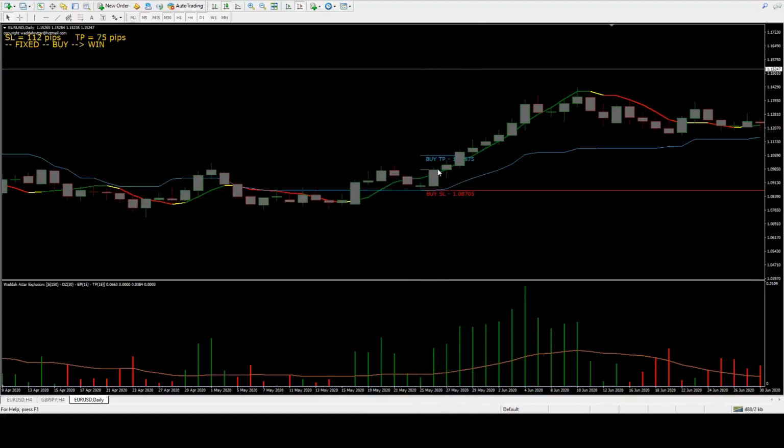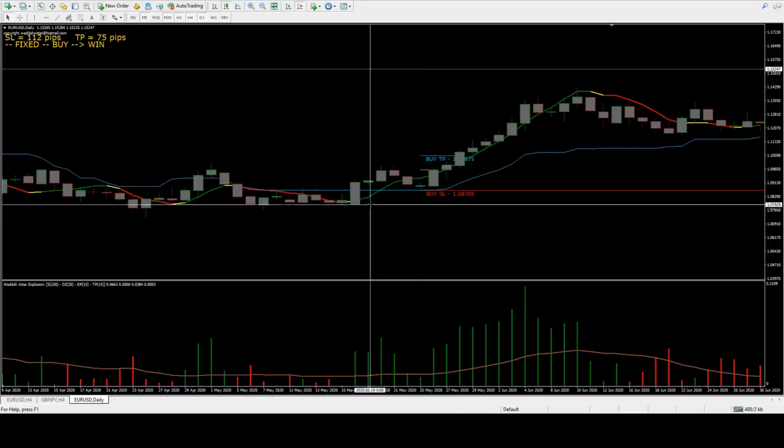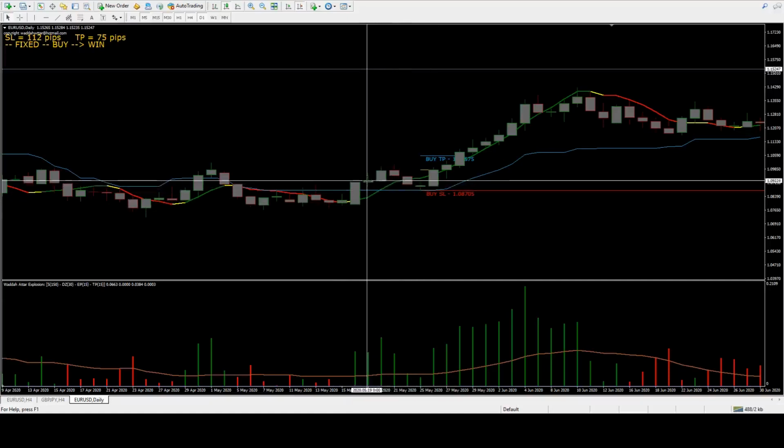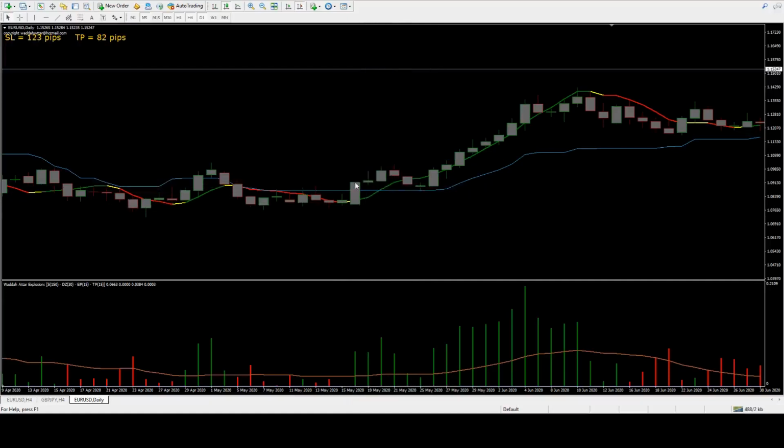Like for example, this place here, you'd buy that to be a win of 70 pips, but since you get the signal down here below, the market just closed above. Even if you'd go on this, right, because that closed above, if you take from here, that would be a win.